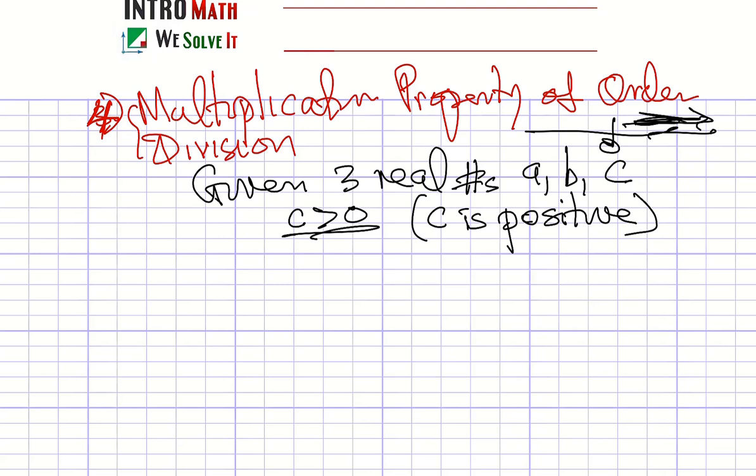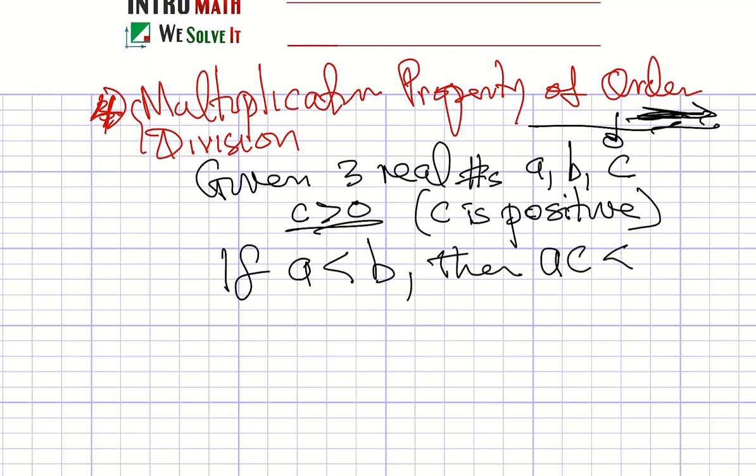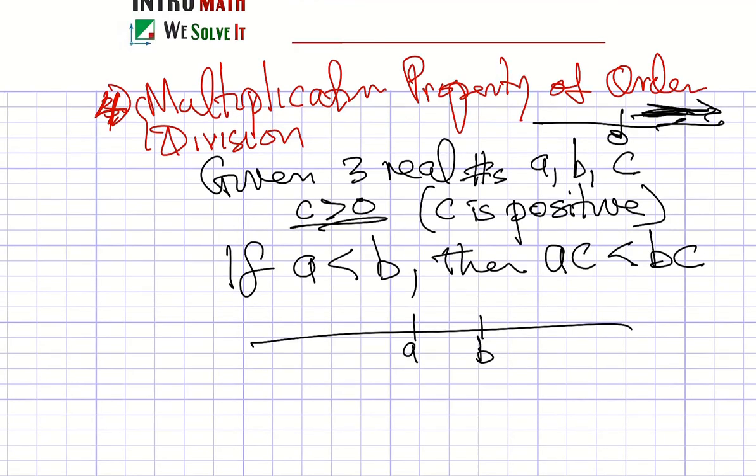Given that condition, if A is less than B, then A times C is less than B times C. You can see that. If A is here and B is here, because A is less than B, and you multiply with a positive number C, it will maintain the order.